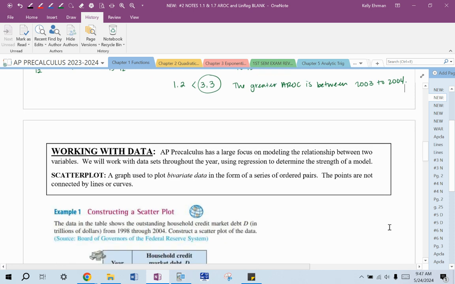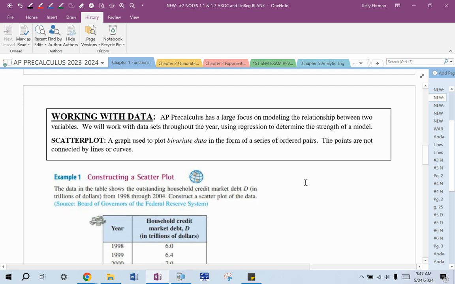All right. So this may or may not be the first time that you've really worked with regression. I feel like in Algebra 1, we do some linear regression, but it's been a few years since you've been in that course. If any of you are in AP Stats, you'll be doing this shortly, but again, probably not yet. So in AP Pre-Calc, there is a large focus on modeling and picking the correct model and looking at the relationship between any two variables.